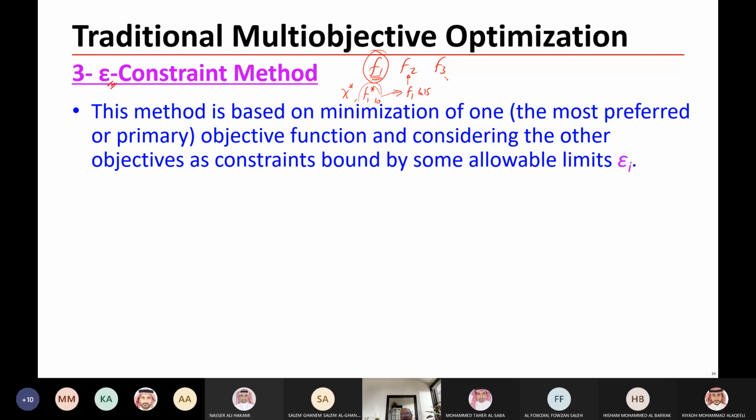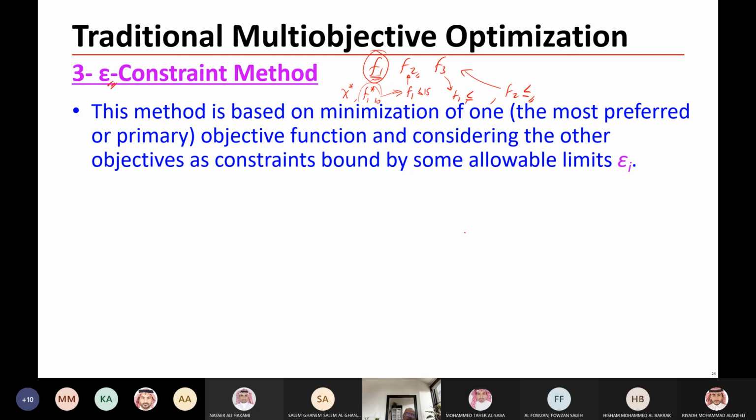When I come here, I add F1 as a constraint and F2 also as a constraint. When I optimize F3, I know the minimum value of F2. I get it, then I relax it by epsilon and add it as a constraint when I optimize for F3.